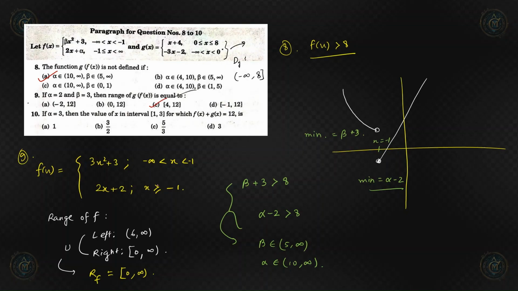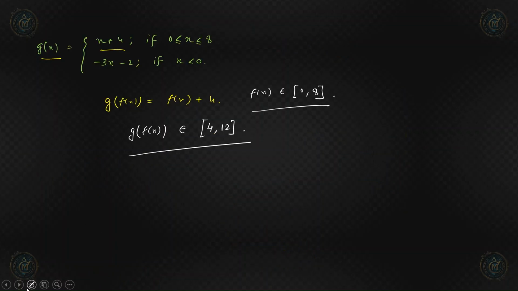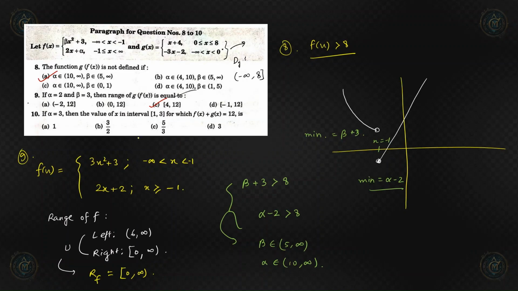Now let us solve this last question of this session. If alpha equals 3, then the value of x in the interval 1 to 3 for which f(x) + g(x) = 12 is what? If alpha equals 3 and x lies in [1, 3], then what will be f(x) and g(x)? f(x) will be 2x + alpha, because this definition of f(x) is valid for -1 ≤ x < infinity.